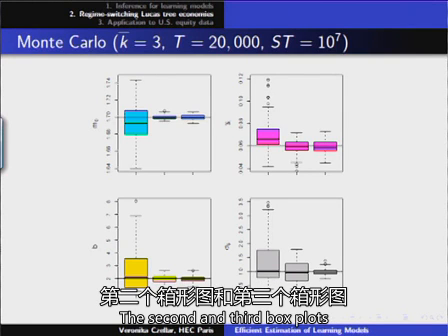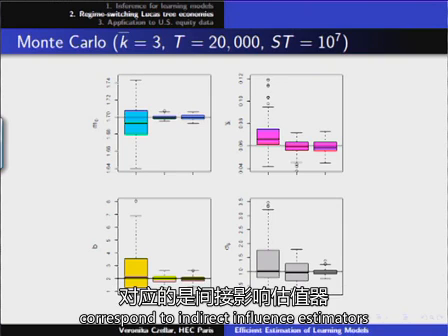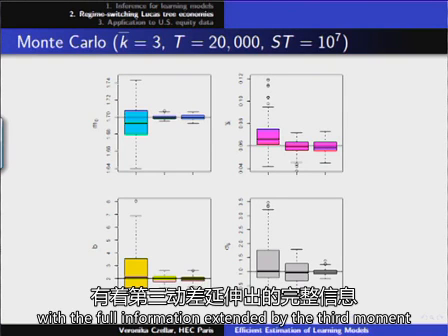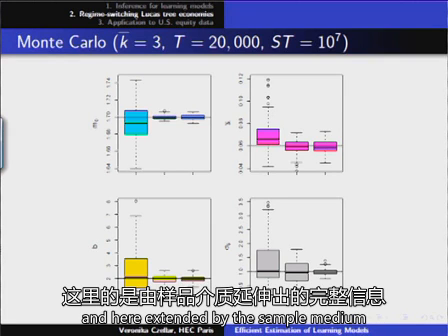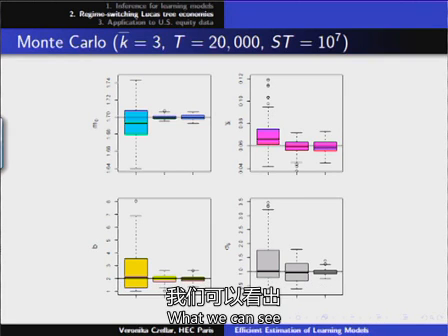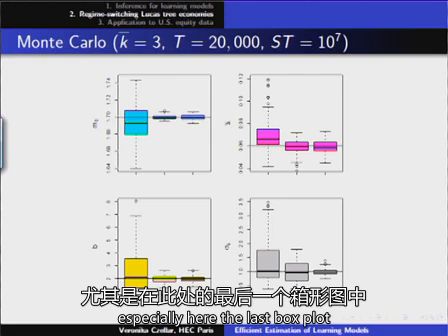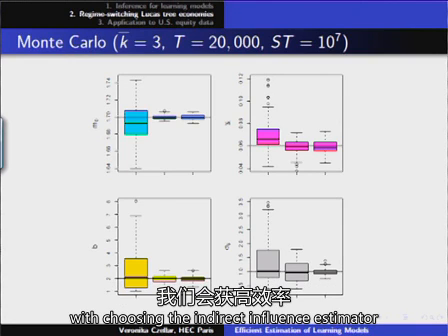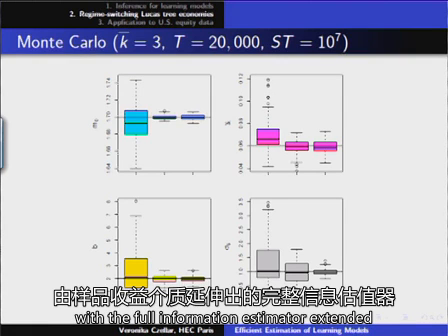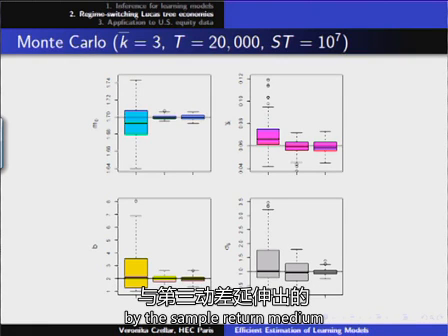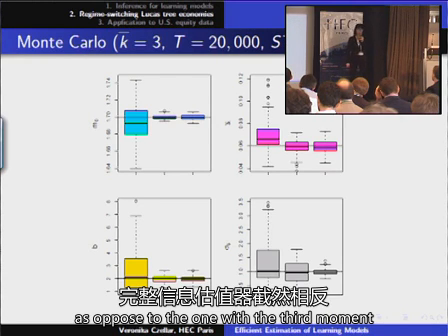The second and third box plots correspond to indirect inference estimators with the full information maximum likelihood, extended by the third moment, and extended by the sample median. What we can see, especially in the last box plot, is a big efficiency gain when choosing the indirect inference estimator with the full information maximum likelihood estimator extended by the sample return median, as opposed to the one with the third moment.